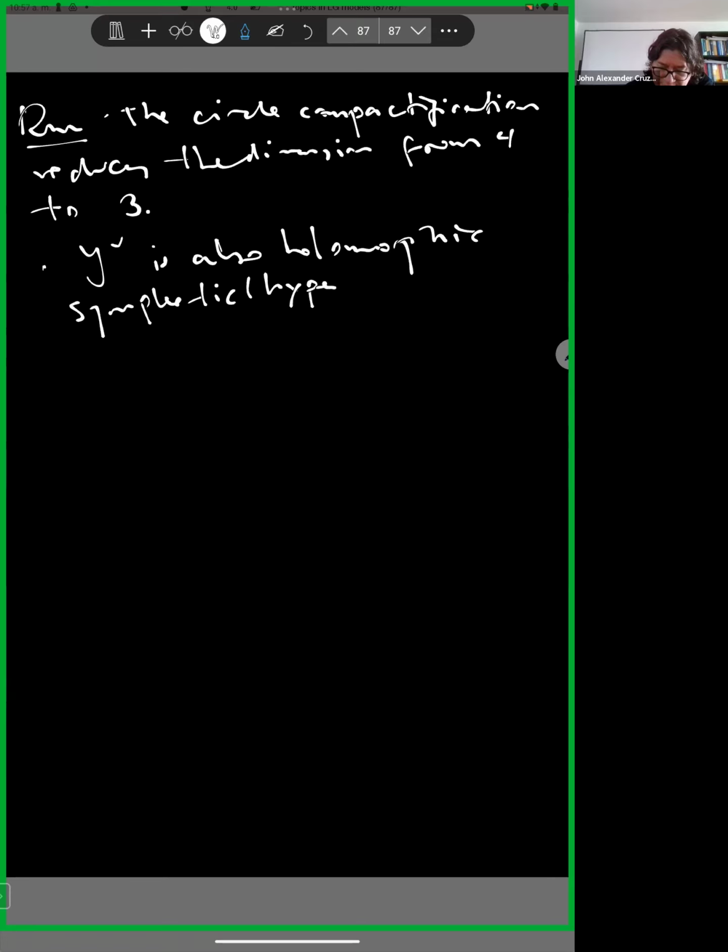That's one thing. And the other thing, this Y check is also holomorphic symplectic. In fact, it's also hyperkahler.